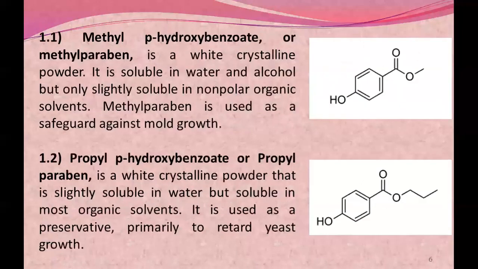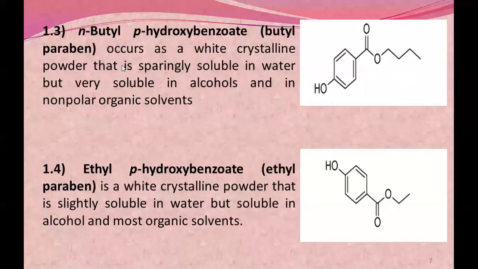So if you see the solubility of methyl paraben, it is completely soluble in water. But if you talk about butyl paraben, it is sparingly soluble in water. That is, it is very minutely soluble in water. So you can easily memorize that those compounds which have longer carbon chains are more lipophilic in nature. That is, they are lipid soluble. They are not soluble in water.